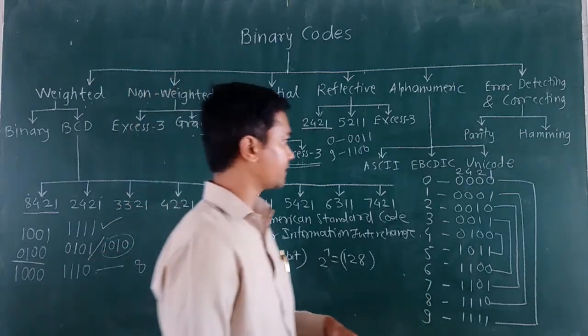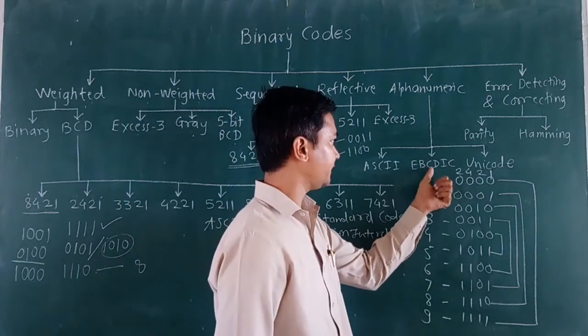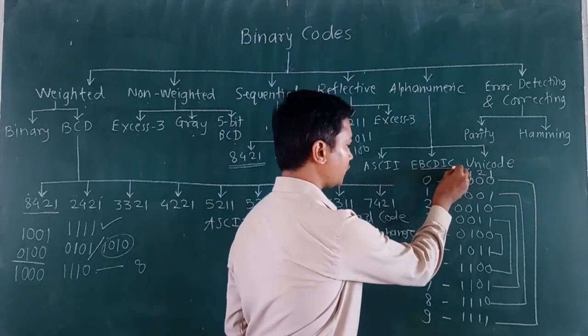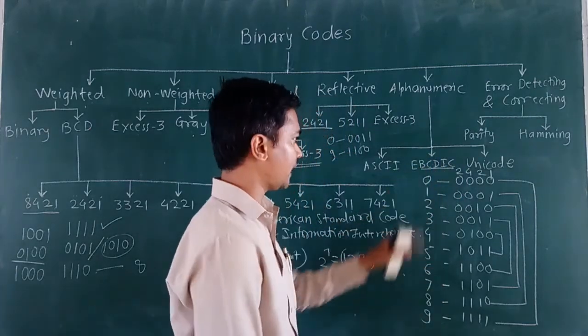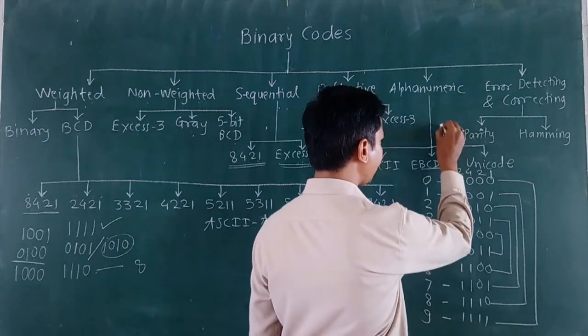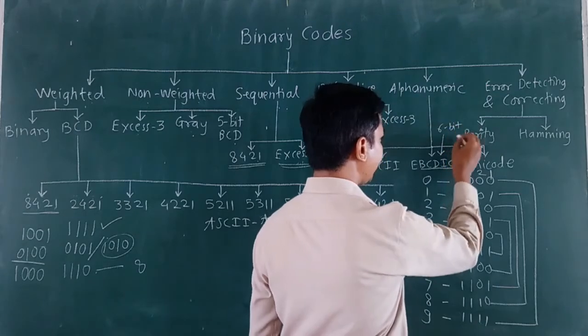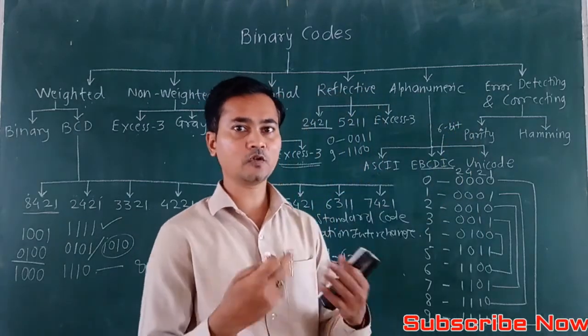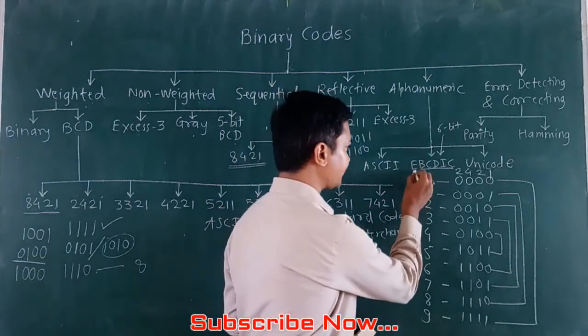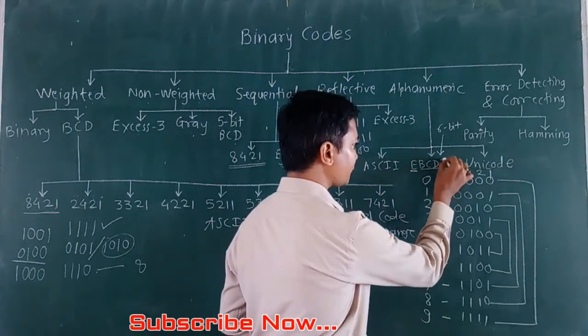Then the next code is EBCDIC code. Actually the BCDIC code was invented first, which was 6-bit wide. To represent many more symbols or special kinds of symbols, the extended BCDIC was invented.